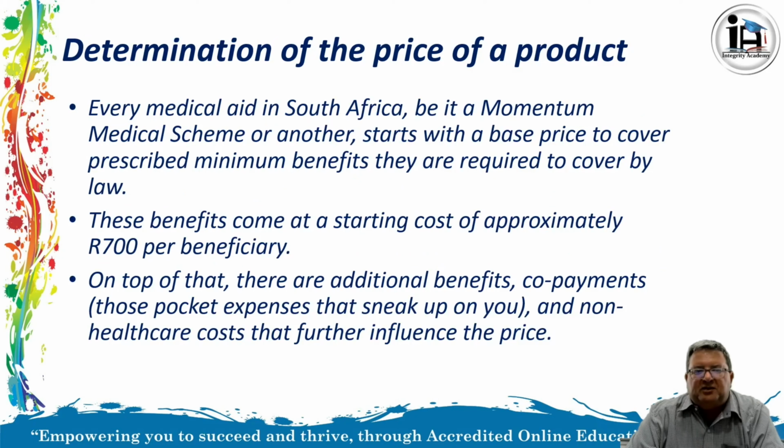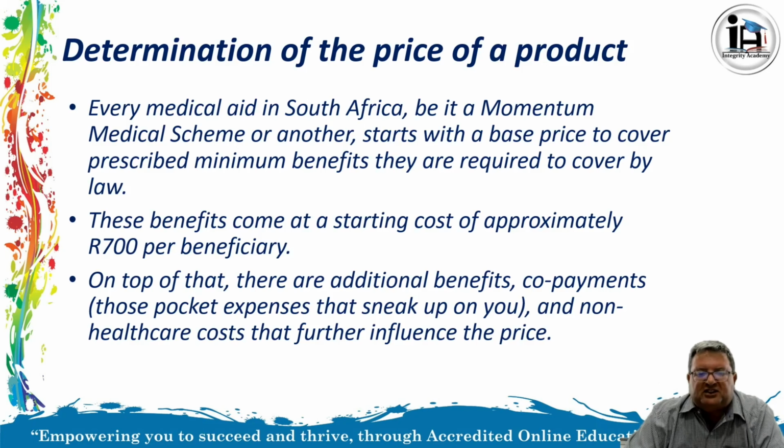So when you look at determination of the price of a product, every medical aid in South Africa, be it a Momentum Medical Scheme member or another, starts with a base price to cover prescribed minimum benefits that are required to be covered by law. So they must cover the prescribed minimum benefits by law.